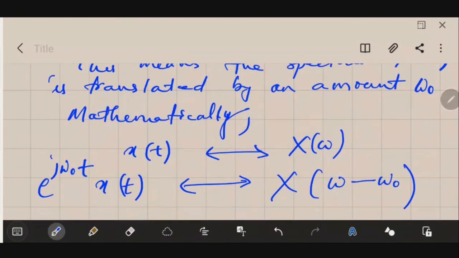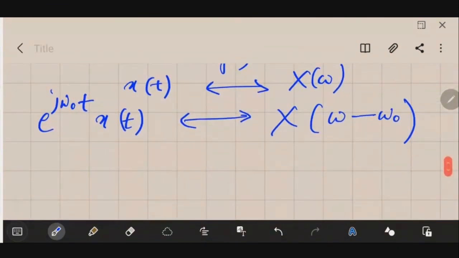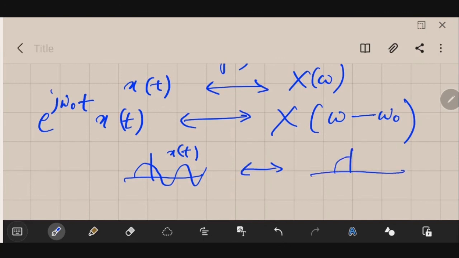Let's say this is your signal x of t, and we have found its Fourier transform, and the Fourier transform is like this. This is 0, and this is your omega.